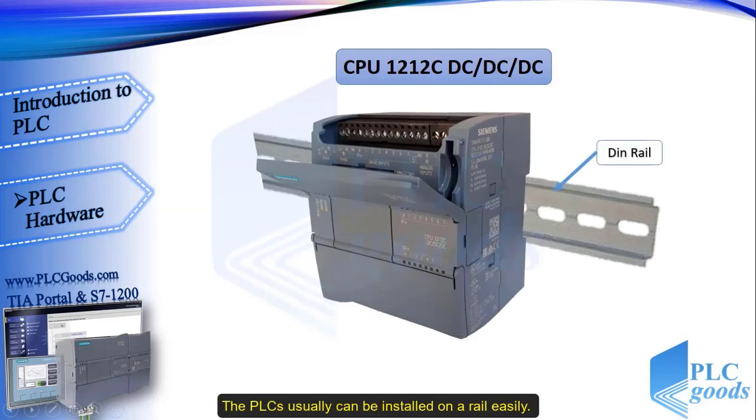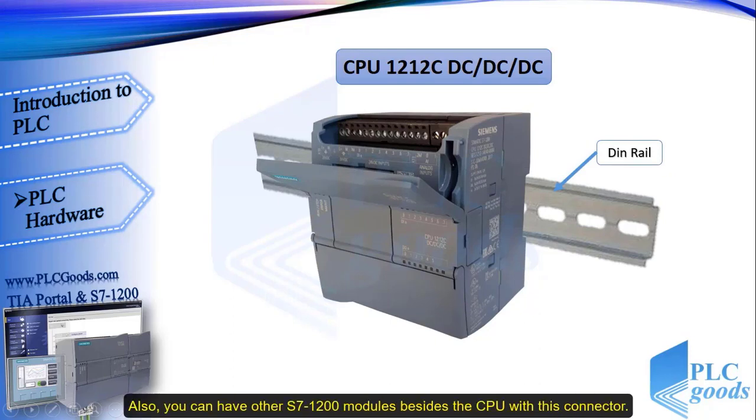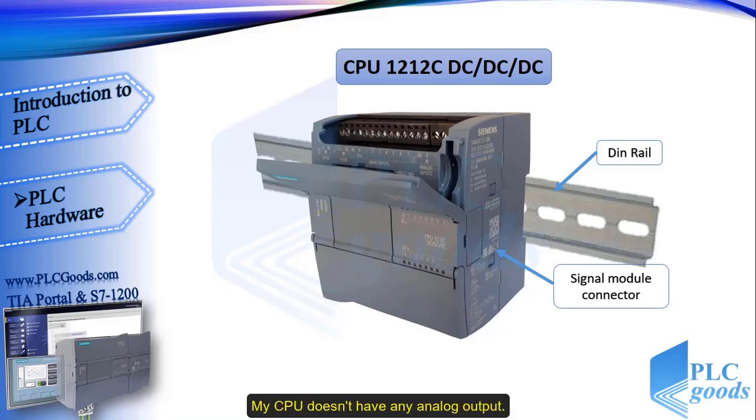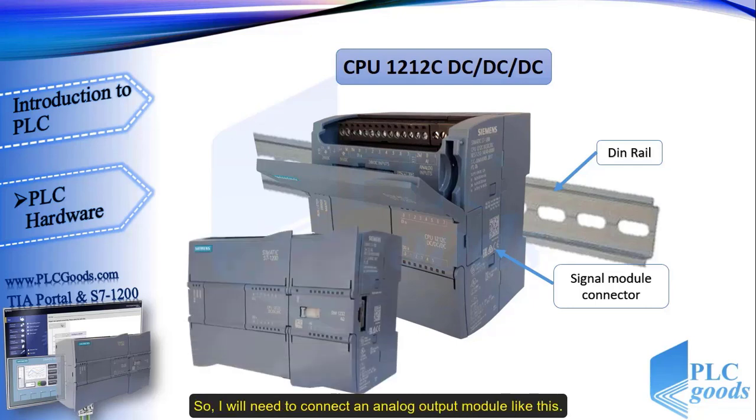The PLCs usually can be installed on a rail easily. Also, you can have other S7-1200 models besides the CPU with this connector. My CPU doesn't have any analog output, so I will need to connect an analog output module like this.